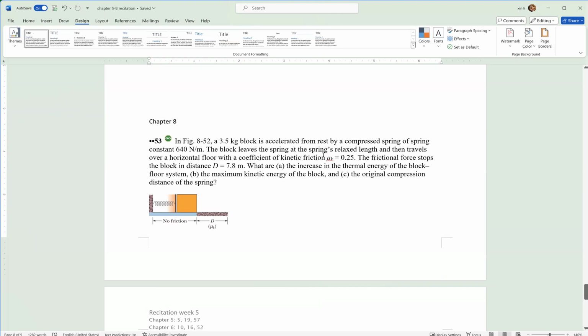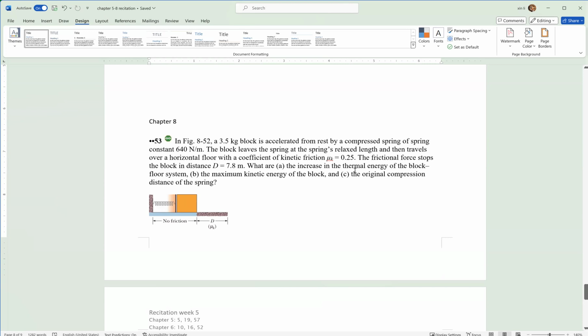The block leaves the spring at the spring's relaxed length and then travels over a horizontal floor with a coefficient of kinetic friction mu k of 0.25. The frictional force stops the block in a distance of 7.8 meters. So for this part, you have to use this to calculate your thermal energy.